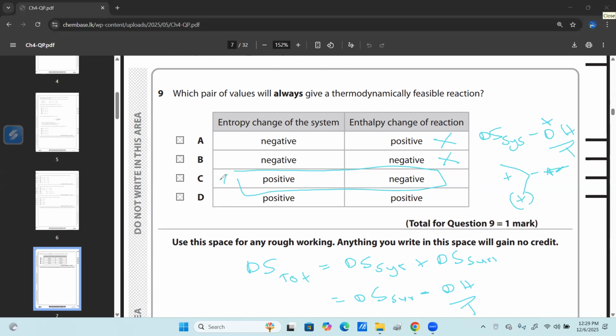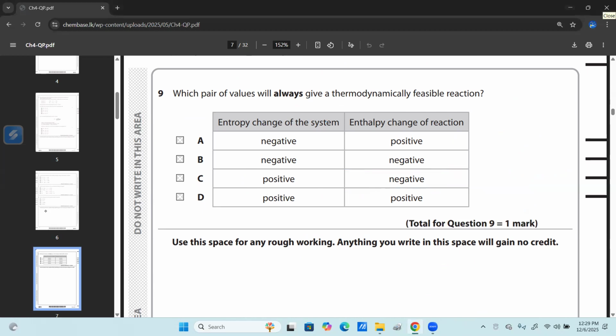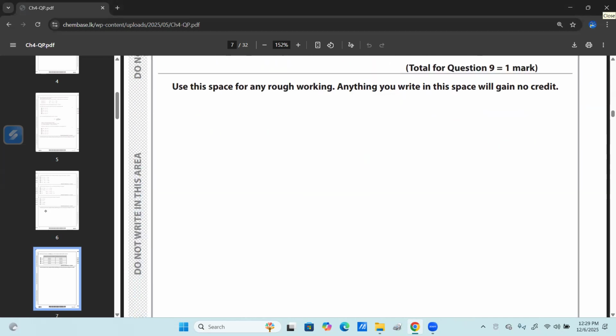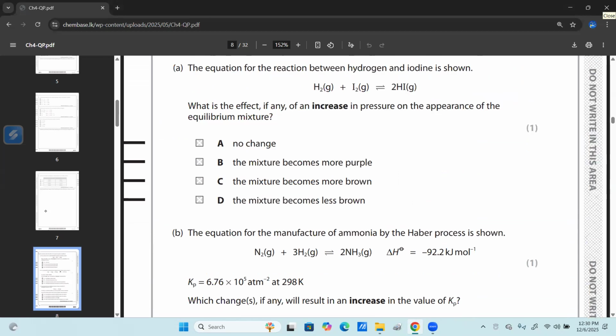Therefore, if you have total entropy change of the system positive, enthalpy change of the system negative, then the total entropy is always positive. If the total entropy is positive, it is thermodynamically feasible without any condition at all times, right?